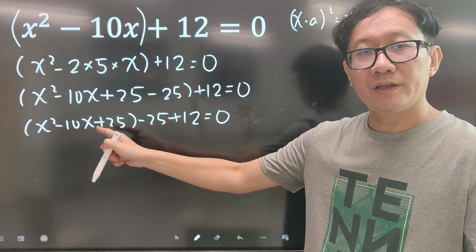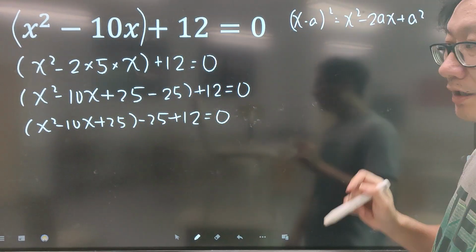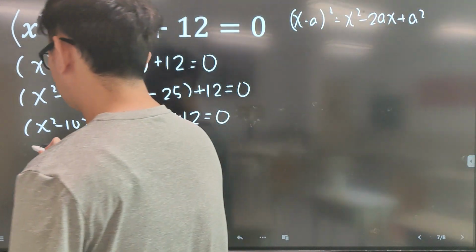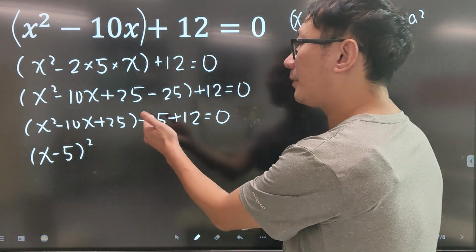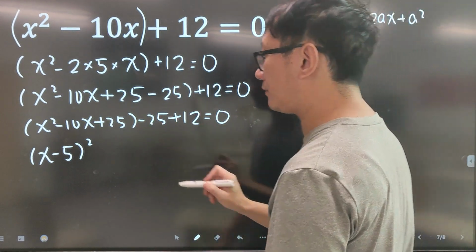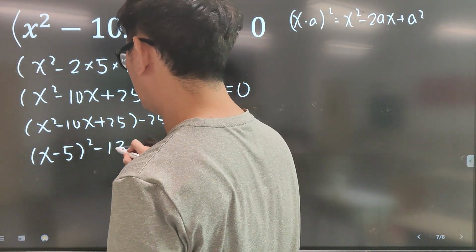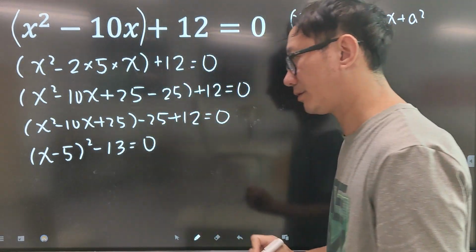And then I'm going to write this into the square form. X minus 5 squared. Minus 25 and plus 12 will simplify to minus 13 equals 0.